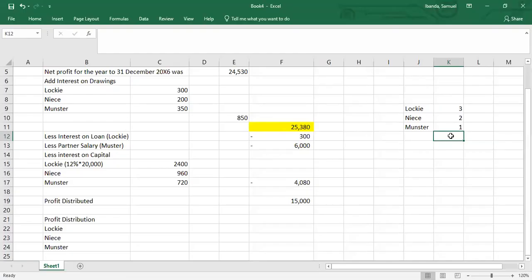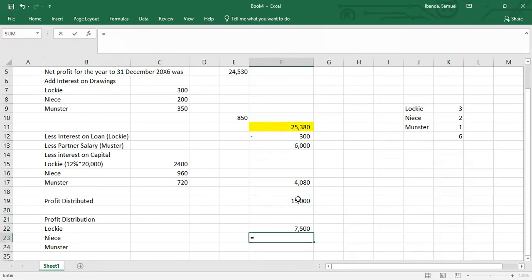If my total ratio is 6, it means that Loki will have 3 out of 6, this one will have 2 out of 6, and this will have 1 over 6. So when I'm distributing this profit, I'll distribute from this column. Under here, for Loki, this is 3 divided by 6 times 15,000.